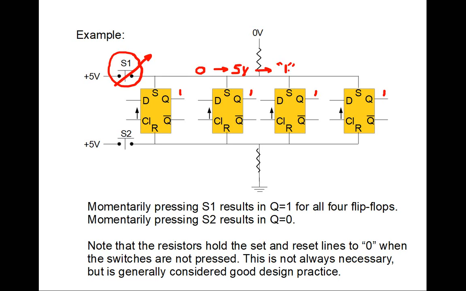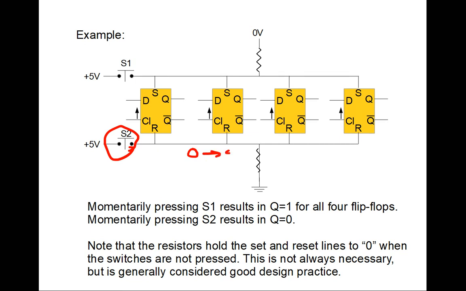Okay. Conversely, we can go down to this line. By the way, this resistor is poorly drawn, but you knew that. This is normally a 0 here for the same reason we discussed in the upper line. And so when we push this switch, the 0 goes to 5 volts, which of course becomes a logical 1.